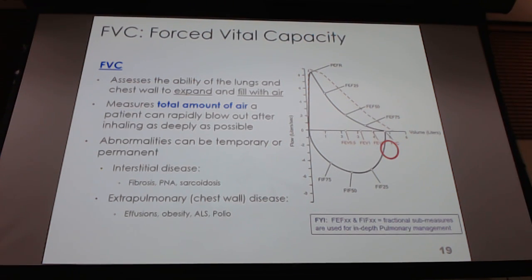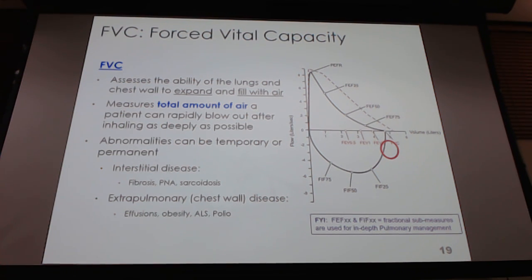So forced vital capacity. Remember, we're looking at compliance and stickiness here. So we're looking at the lungs' ability to expand and fill with air. The lungs themselves, all those little alveoli. If you've ever seen a lung during a procedure, it looks like a little octopus.